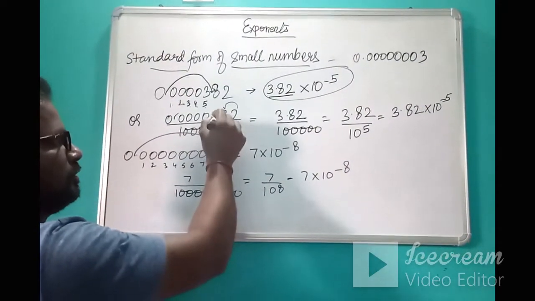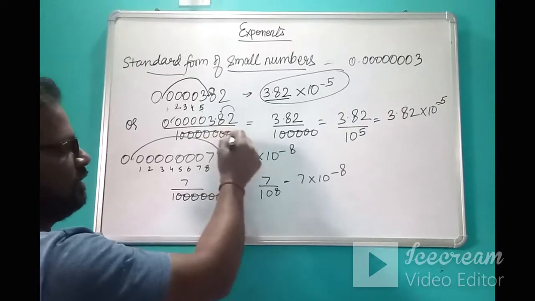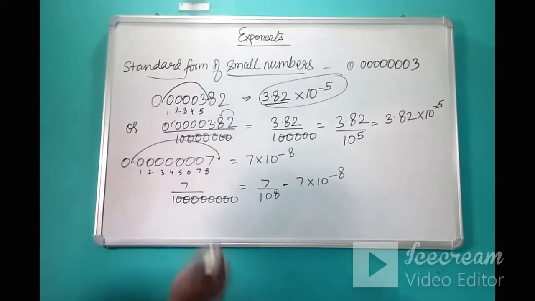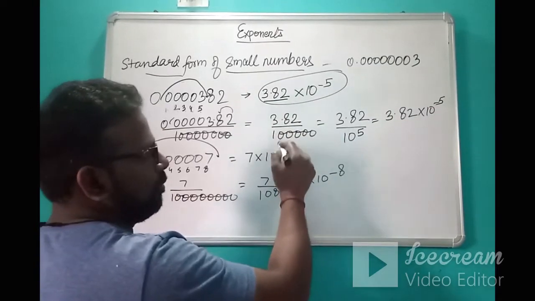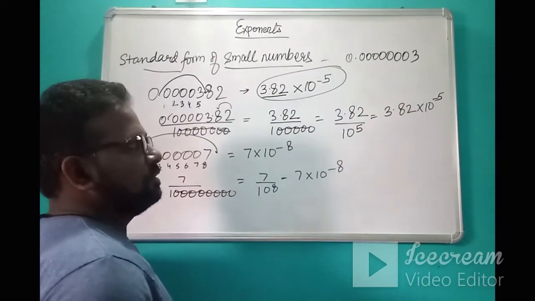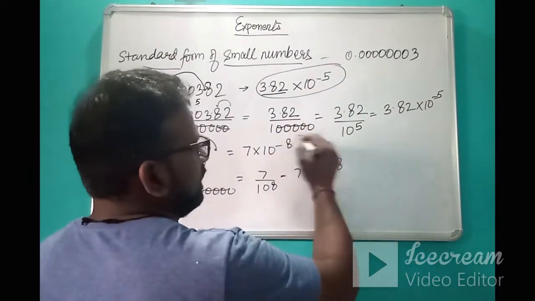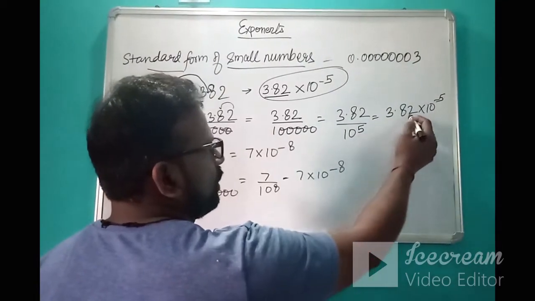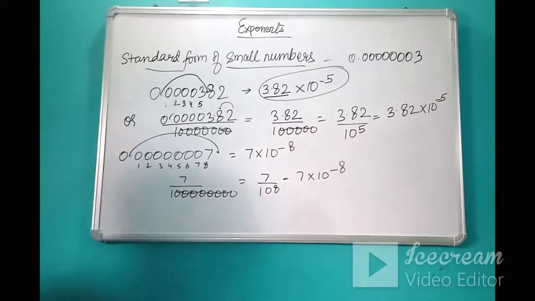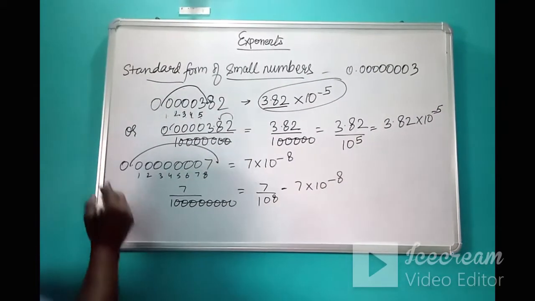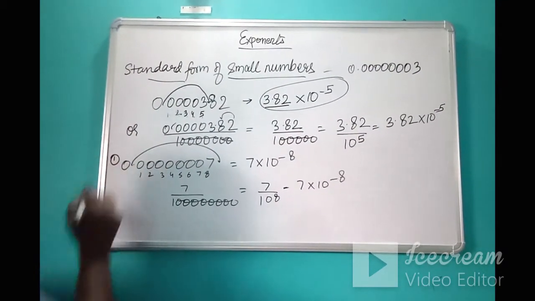So you will put a decimal here and you will cut 2 zeros. Now how many zeros are left? 5 zeros are left. So it becomes 3.82 upon 100000, which is 10 to the power 5, or you can write 3.82 into 10 to the power minus 5, like this. Okay.